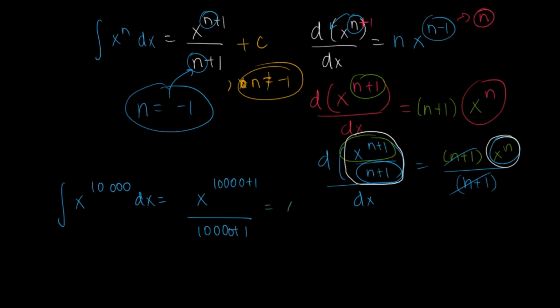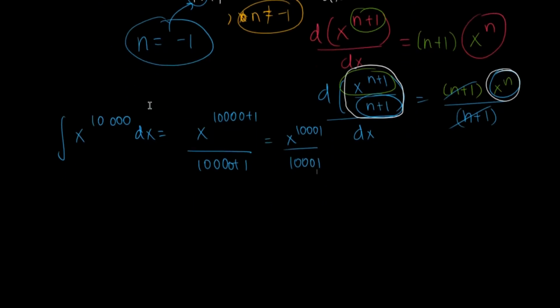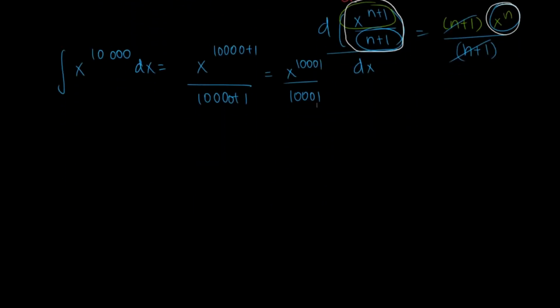This just gives you x to the power of 10,001 divided by 10,001. You can plug in other real numbers here. So let's think about, let's say, x to the power of square root of 2.